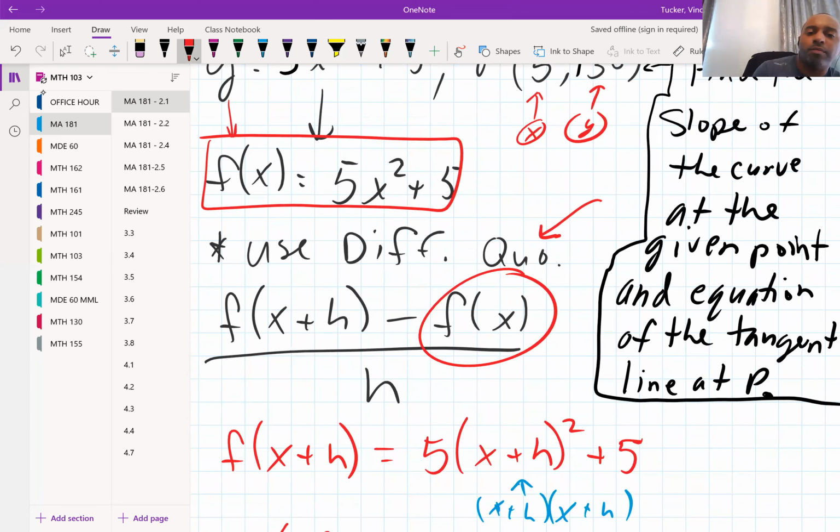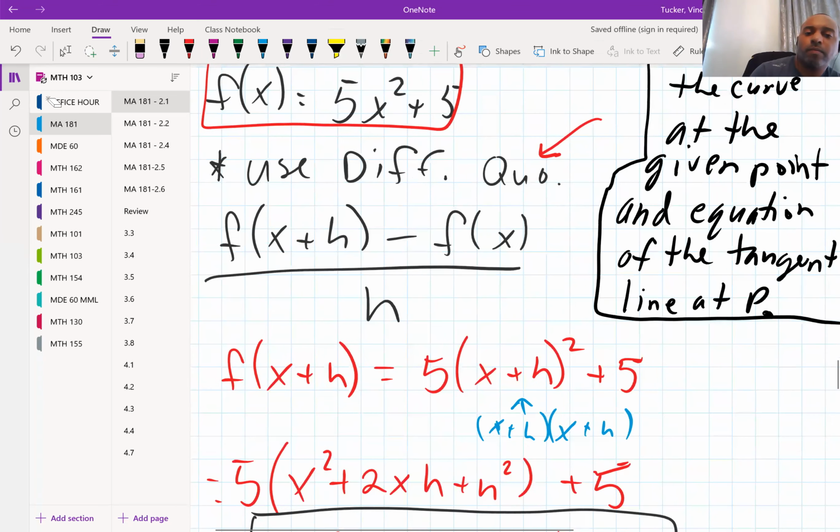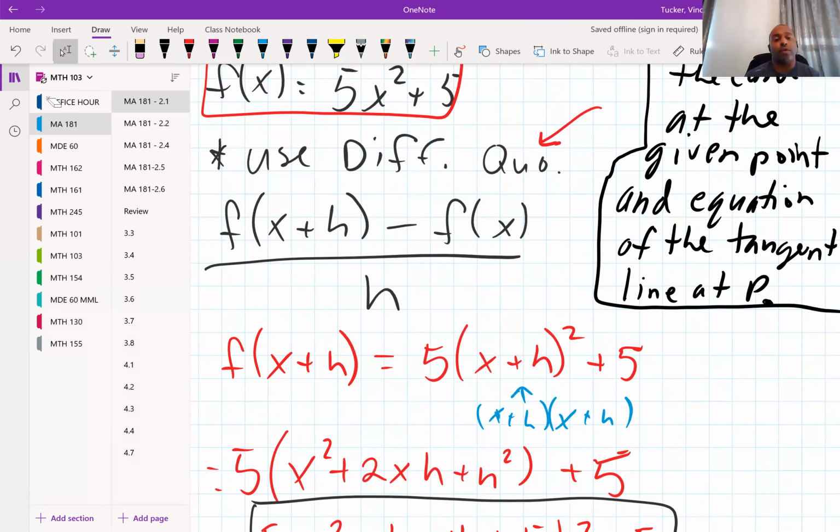So we got this part, but we need to plug in x plus h and simplify that. And that's what we're doing right here. So I plugged x plus h in for x. So that's 5 times x plus h squared plus 5.